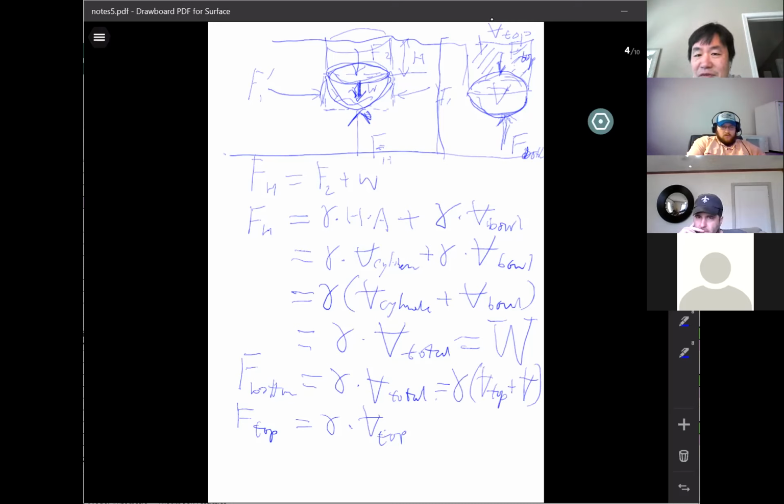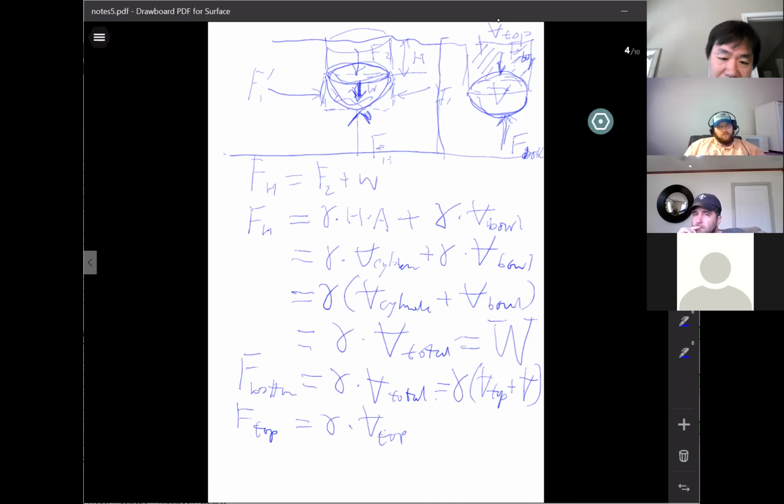For the bottom surface, it doesn't matter whether there is a top half or not. As long as you're inside the water that deep, you will have that same force from the water. Water doesn't know whether you have a top half or not, it just applies force to that surface. So you need to consider the entire volume sitting on top of the bottom surface, which is the shaded volume on top here, plus the entire volume of the body.